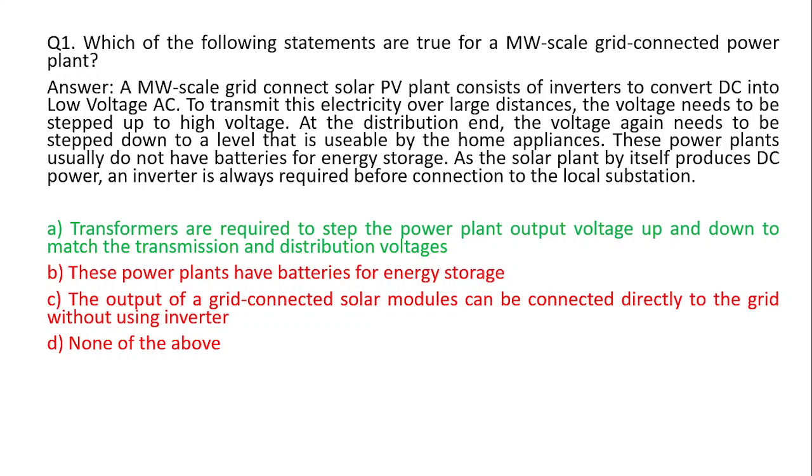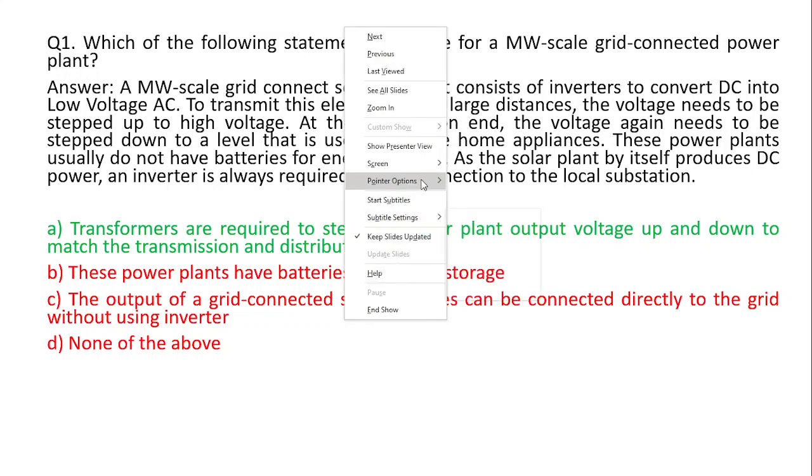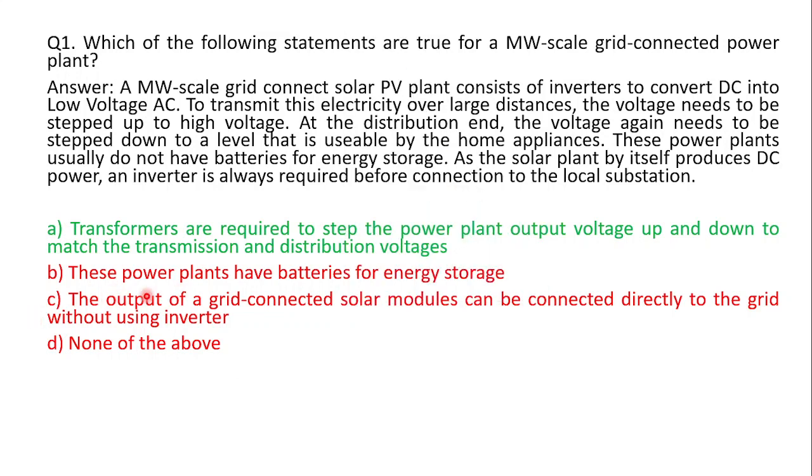It will be a huge chunk of batteries that you would require. It's not practical at all. It will cost a lot. Also, the output cannot be connected directly to the grid, because the grid is alternating current and the output of solar modules is direct current. So you need an inverter.